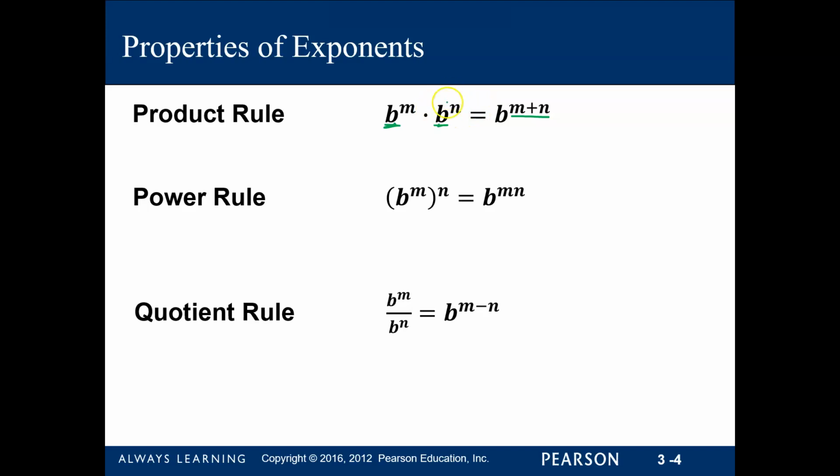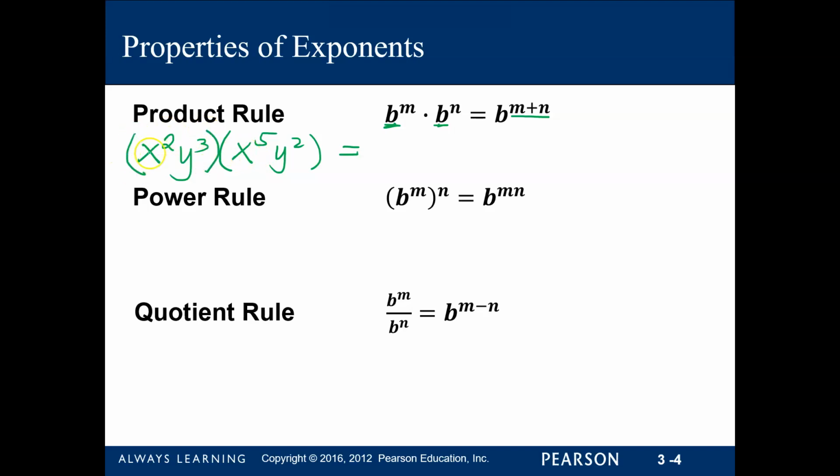For example, let's say we have x squared, y to the third, multiplied by x to the fifth, y to the second. If we multiply this, we take a look at the variables that have the same base, in this case x and x. X here has an exponent of 2, and x here has an exponent of 5.